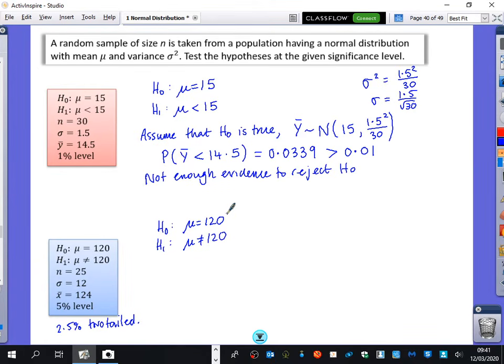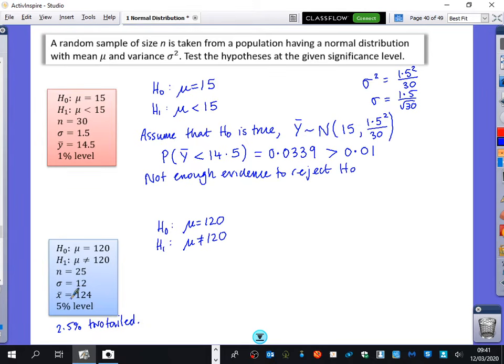The average is 120, and I've taken a sample of 25 things, and I found that the average was 124. What am I thinking? Even though I've said I don't think the average is 120, if I took a sample and got 124 grams, I think it's in the upper tail.